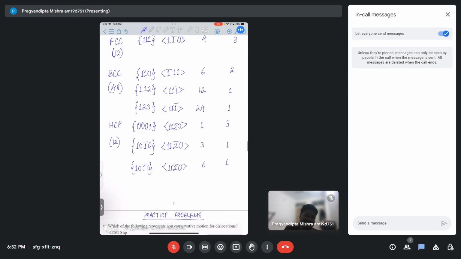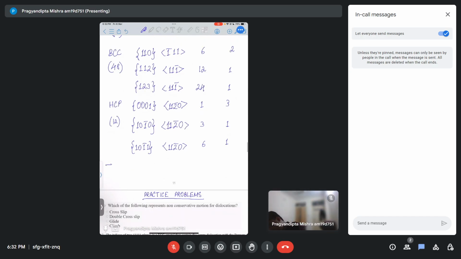But one interesting fact, not exactly something that will come in the exam, but something you can remember for your future: although FCC has a lesser number of slip systems, it is easier to deform. Usually we'd say that if something is easier to deform, the dislocation motion is very easy, right? But FCC is easier to deform compared to BCC.